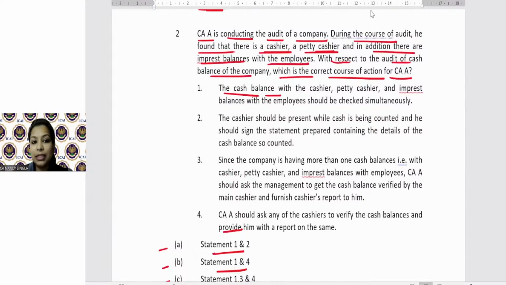The cash balance. So I'll keep on writing here, which is correct. But first you have to answer. Okay. The cash balance with cashier, petty cashier, and imprest balances with the employees should be checked simultaneously. This is the first statement.